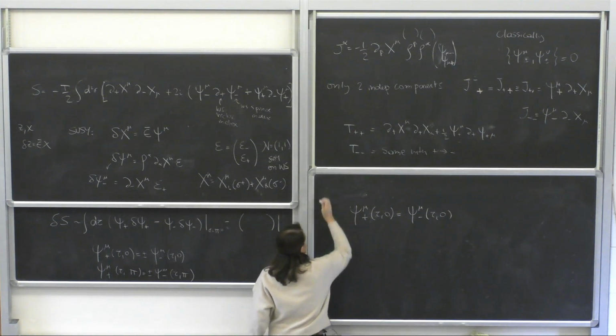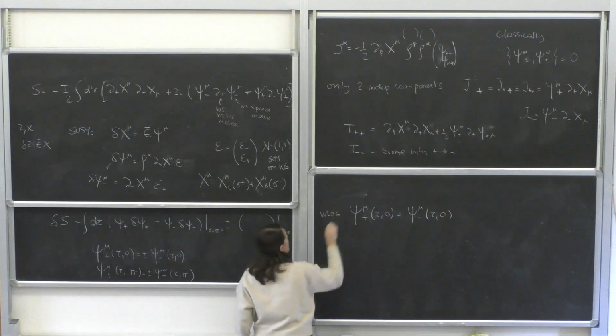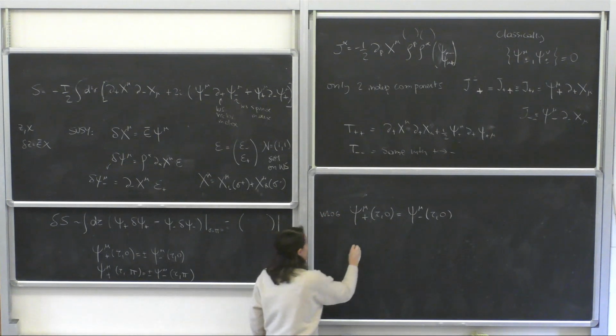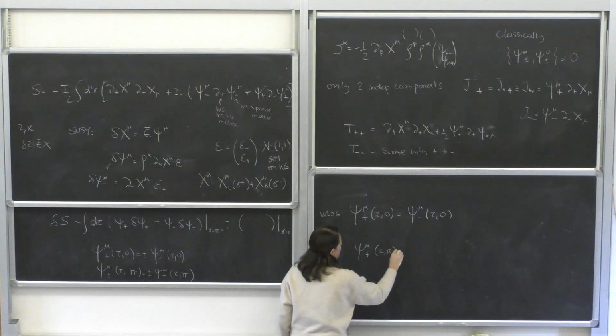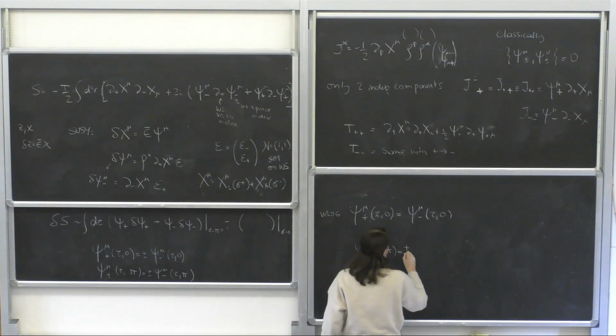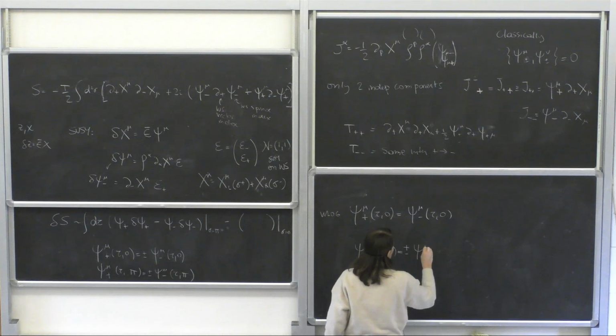This is without loss of generality. And now psi mu plus at tau pi, I can choose to be plus or minus psi mu minus at tau pi.